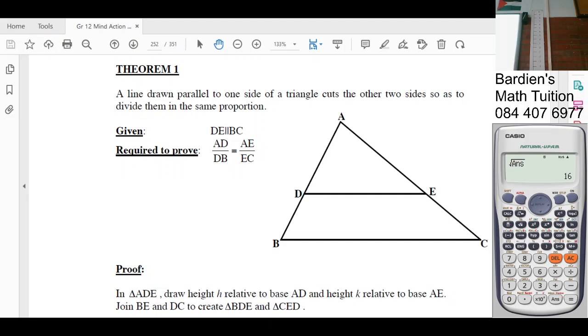So if you look at AE, so it's AE and AC. So it's the other side now. Okay? Alright.